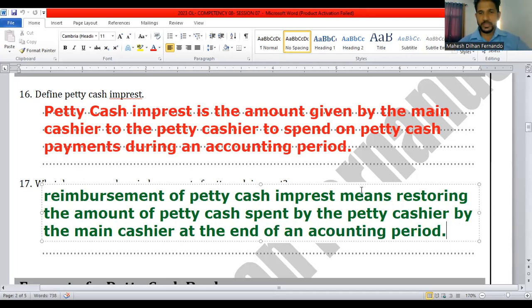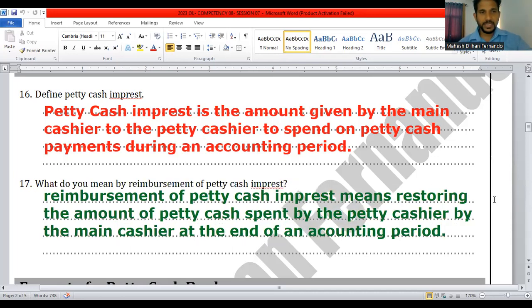Reimbursement of petty cash imprest means restoring the amount of petty cash spent by the petty cashier by the main cashier at the end of an accounting period. This is how you define the petty cash reimbursement.